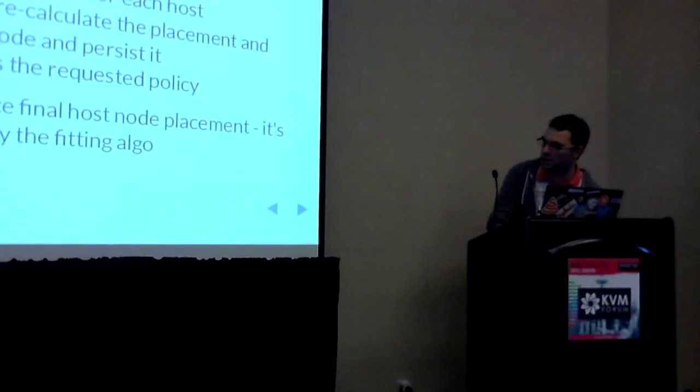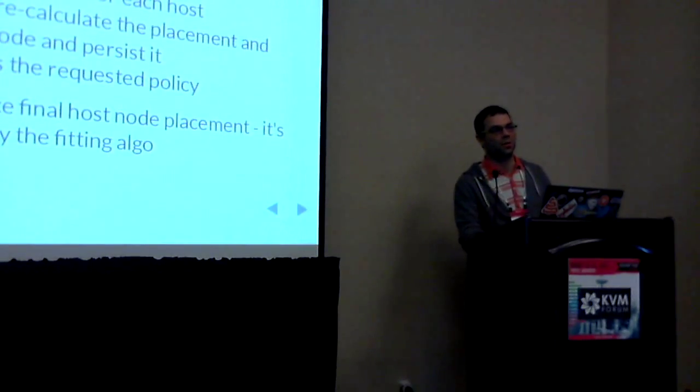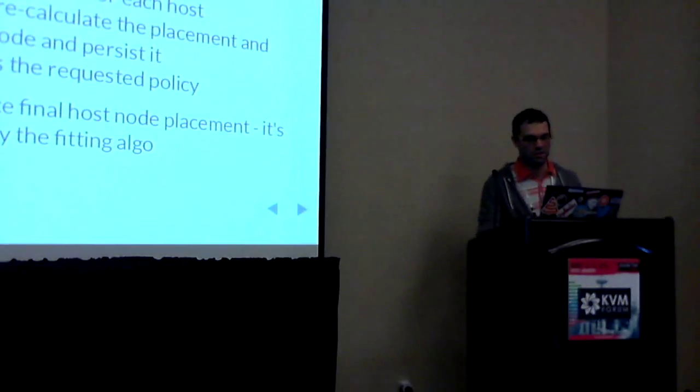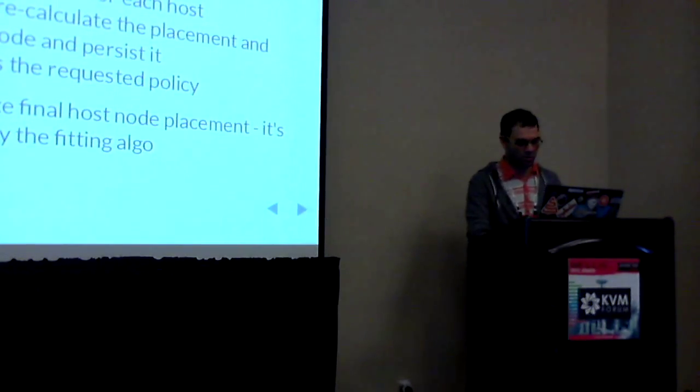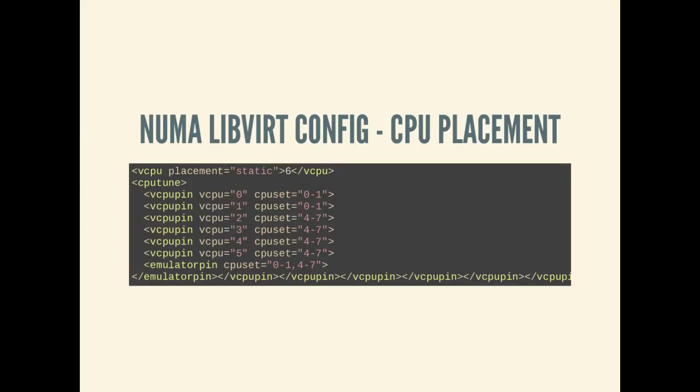Right, so I don't know if I was clear enough, but the idea of all of this is that users can't really request, I want to be on NUMA node 1 or NUMA node 2. This is decided by the placement logic of OpenStack Nova, and then libvirt, as we'll see, honors that.